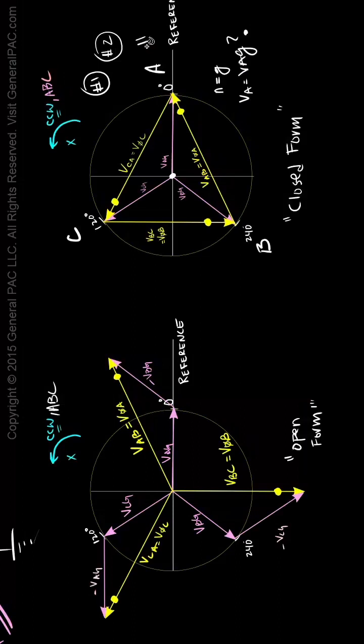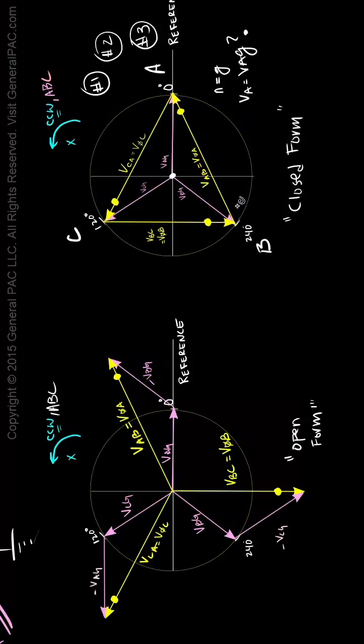The last thing is number 3. The most confusing thing about the closed form phasor diagram is why VAB and VBC and VCA are shown in this particular manner. It appears that the voltage drop for VAB, for example, should be from B to A, right?